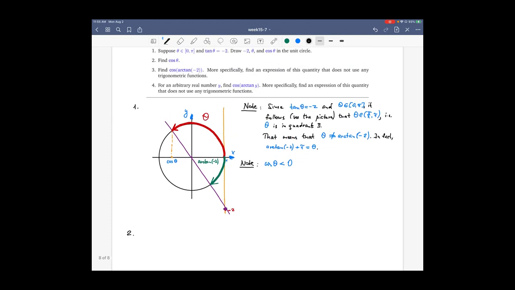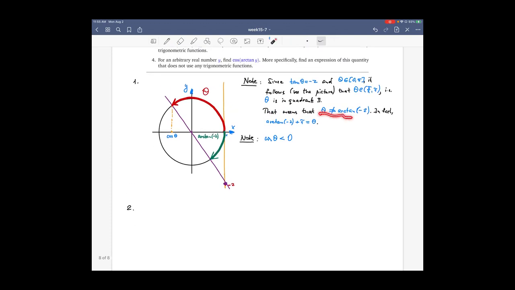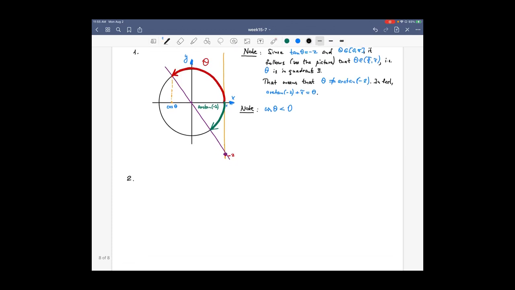And even though theta is not arctangent of negative 2, theta is related to arctangent of negative 2. So we may want to recall any of the identities that involve both cosine and tangent.